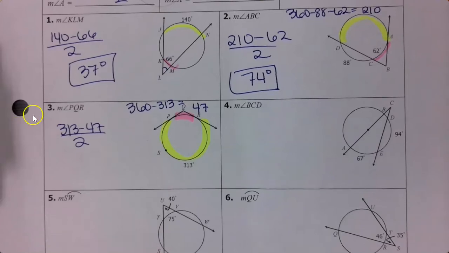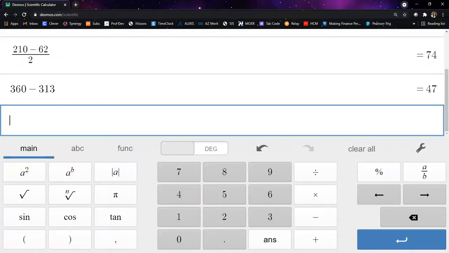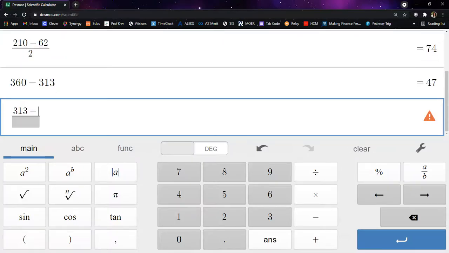So I can type that into Desmos, which gets me 133.